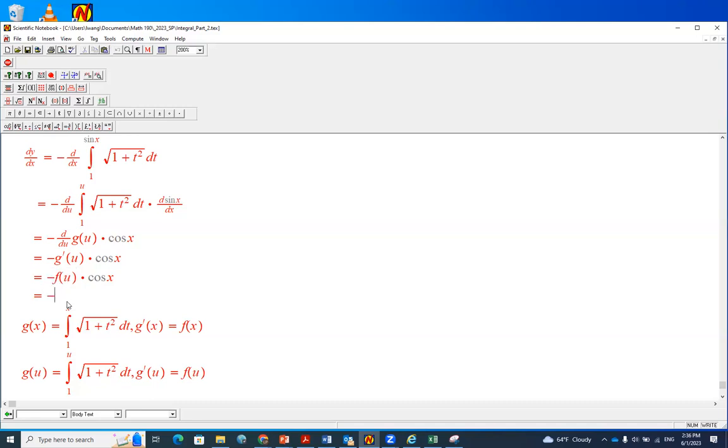So this is going to be negative root 1 plus sine square of x, I'm sorry, multiply cosine x. And for simplicity and less confusion, you could bring that cosine x to the front.